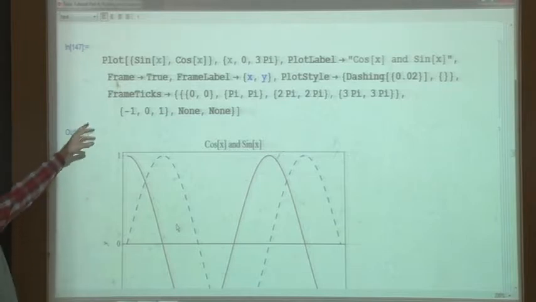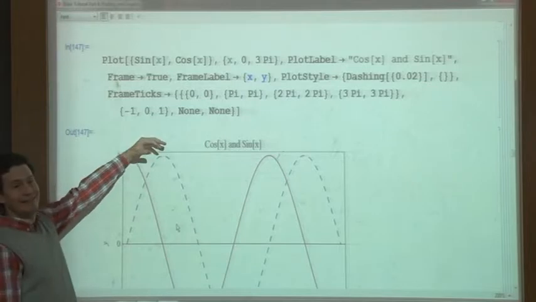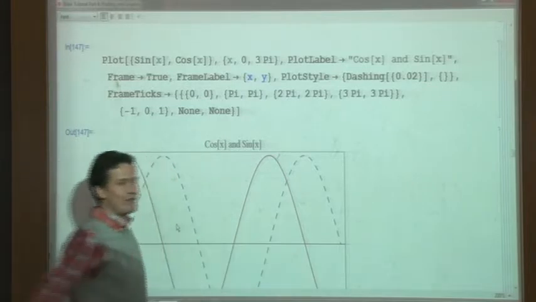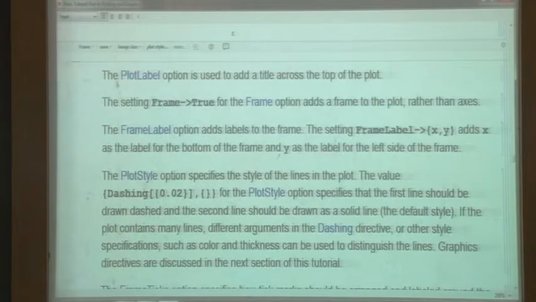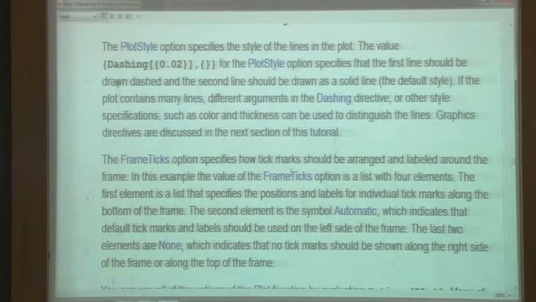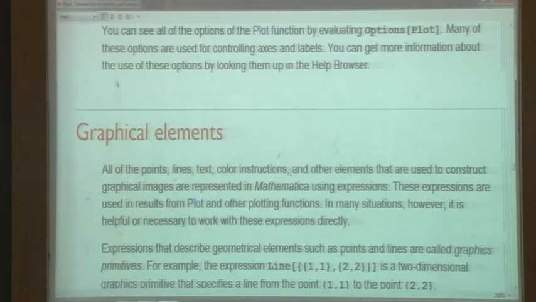That's how the ticks are being put. You could put the ticks also here, on the upper side of the frame, or on the right side of the frame. Do that. Already, okay? Good. So this is the FrameStyle, FrameTicks, Automatic. We can check the options, alright?